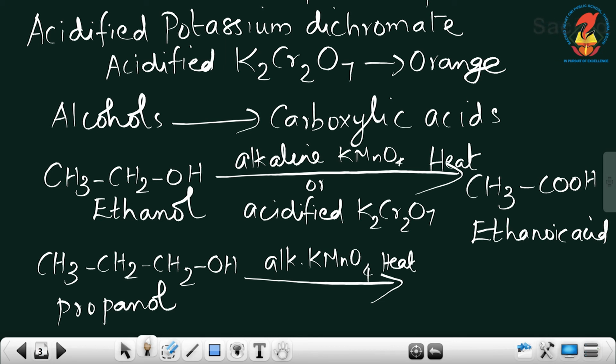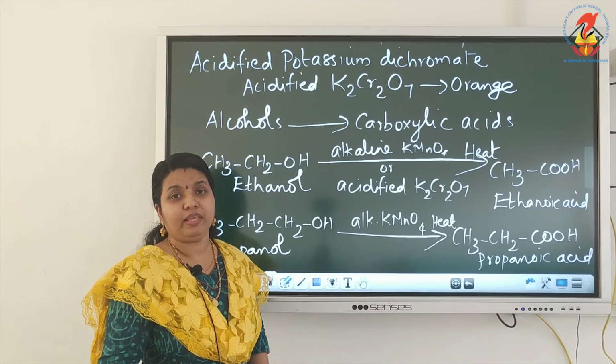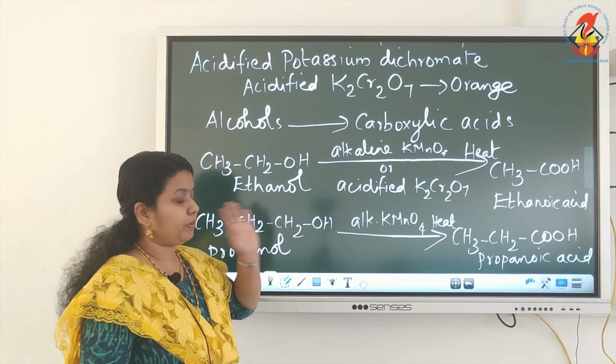Only one is needed. Please do not write both. Only one oxidizing agent is enough. So, what will happen to it? CH3CH2COOH. Propanol changes to propanoic acid. Alcohols change to their corresponding carboxylic acid. Ethanol to ethanoic acid, propanol to propanoic acid.